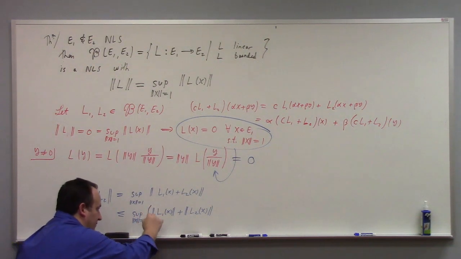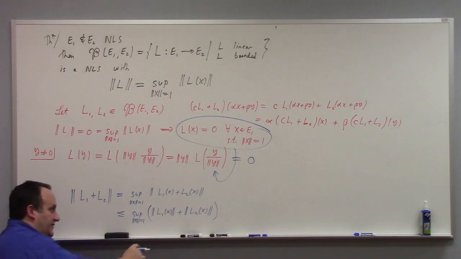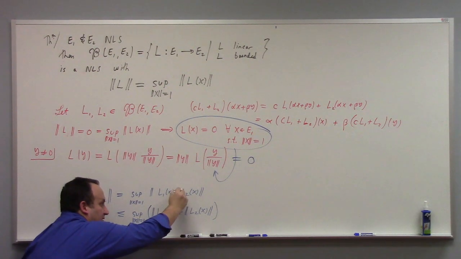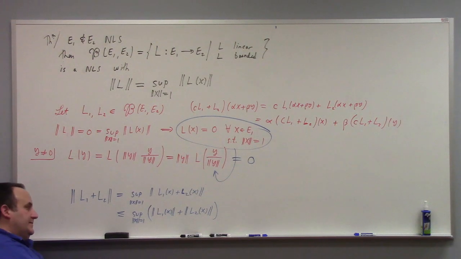I'm just saying the supremum of that. If I take the supremum of a quantity and then I replace that quantity with a larger quantity pointwise, then certainly the supremum is larger.